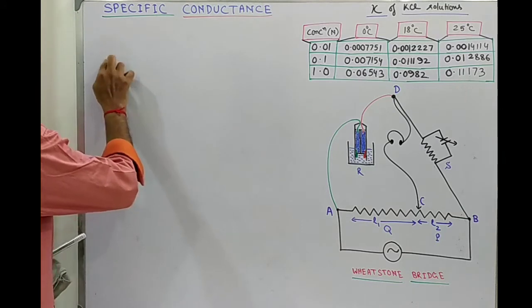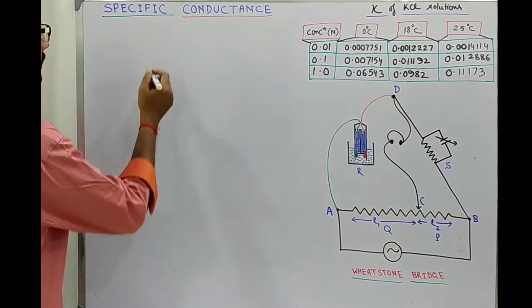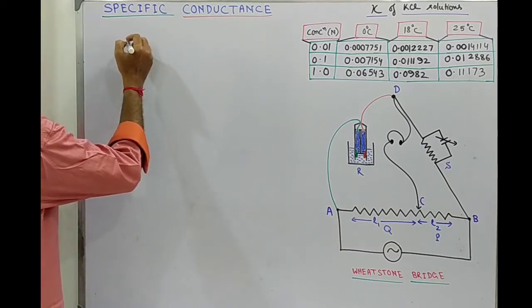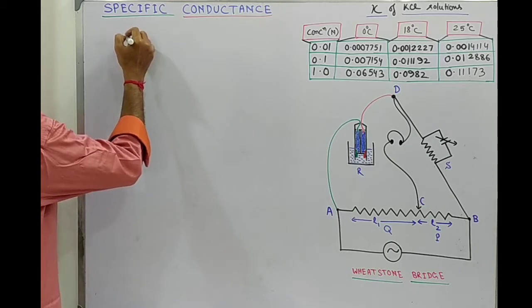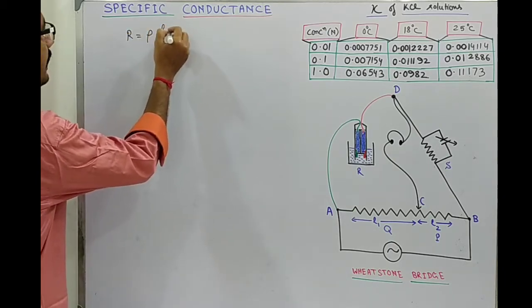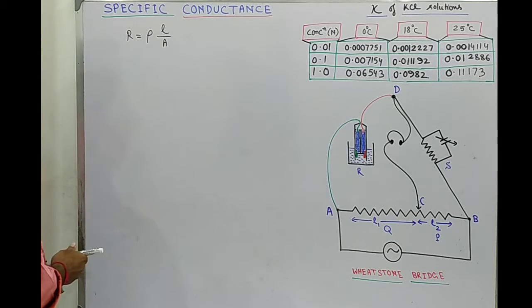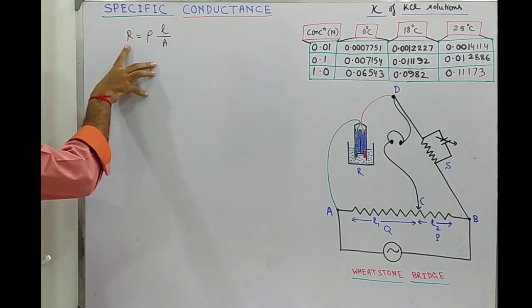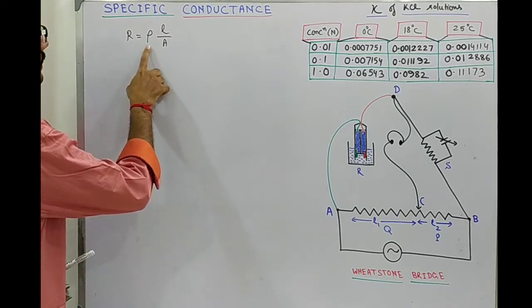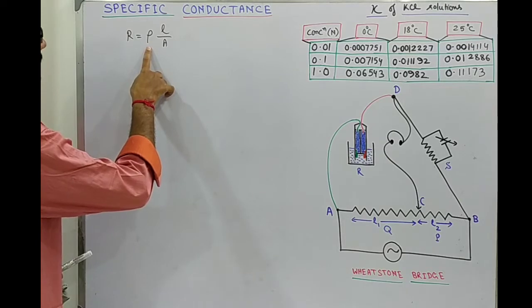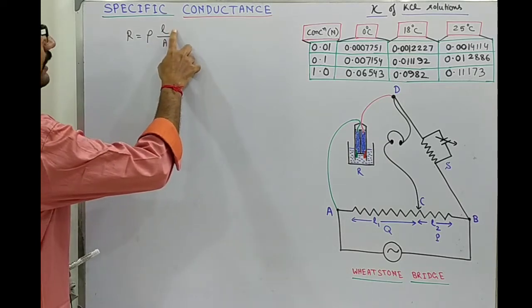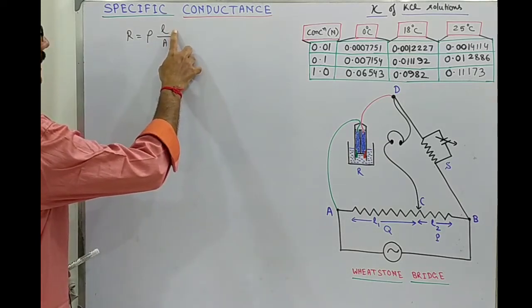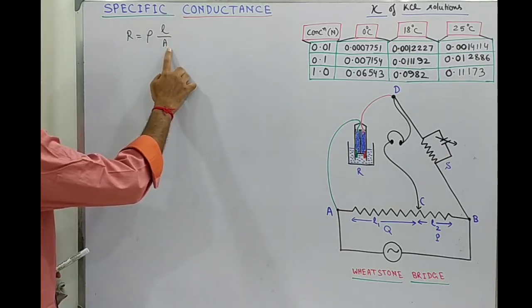So what we left in our previous lecture, we saw that R equals rho L by A. This is the resistance and this is the specific resistance. This is the length of the conductor and this is the cross sectional area of the conductor.